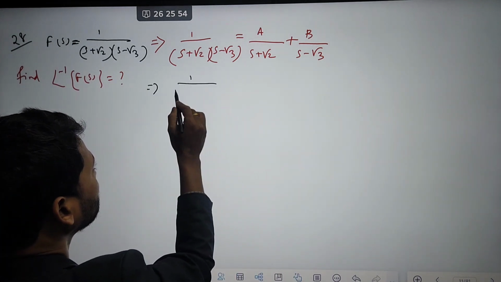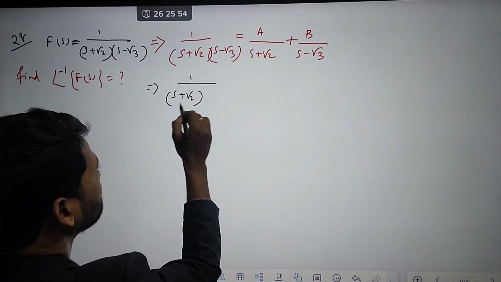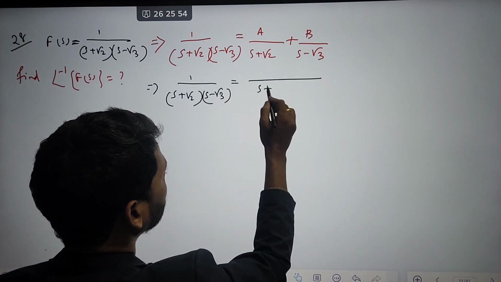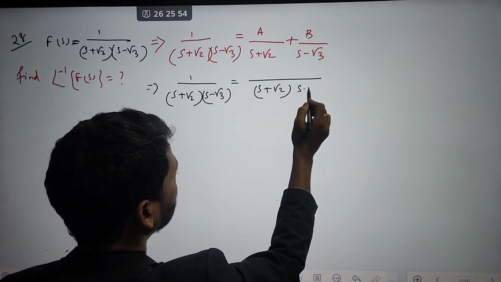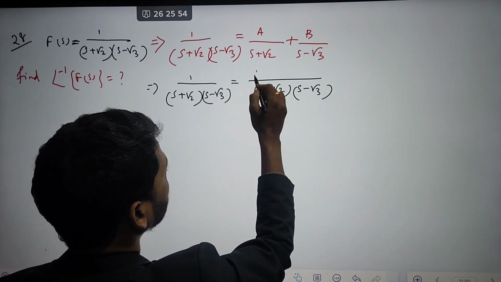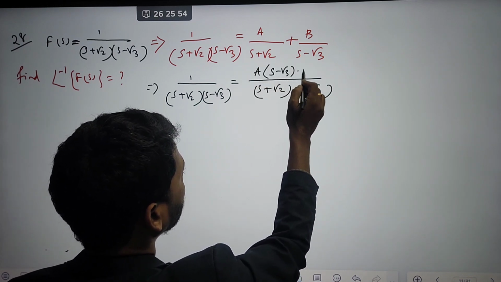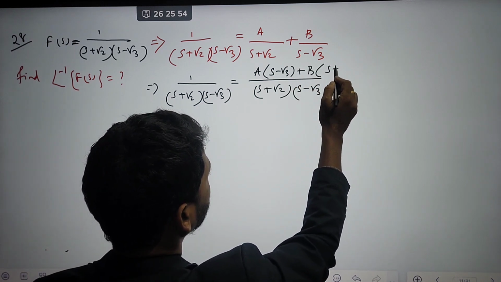Then we can write 1 is equal to A into (s minus root 3) plus B into (s plus root 2).